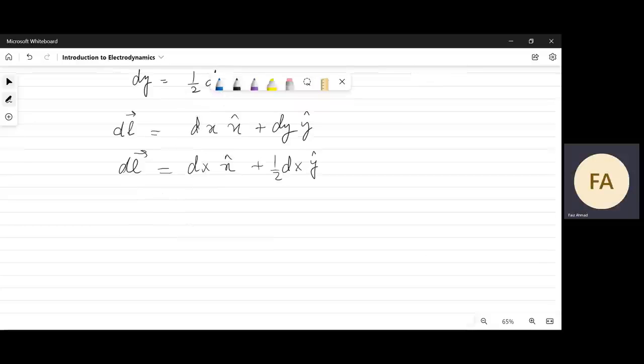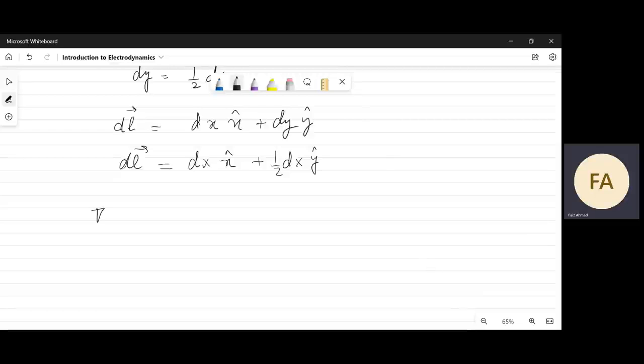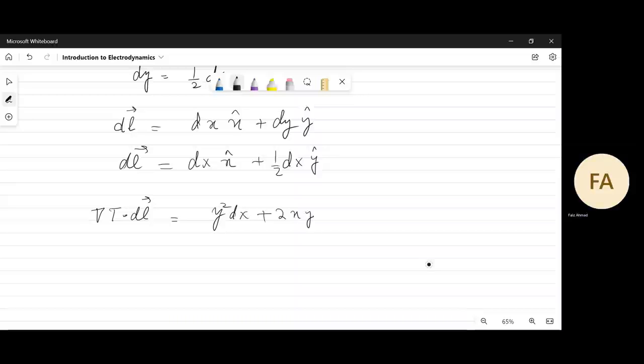Let's take the dot product of delta T with dl. Then the dot product will become y squared dx plus 2xy dy. So we have to replace dx and dy.